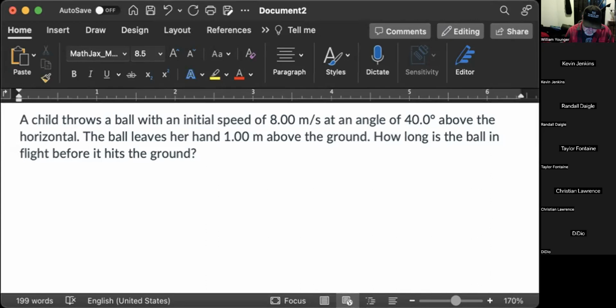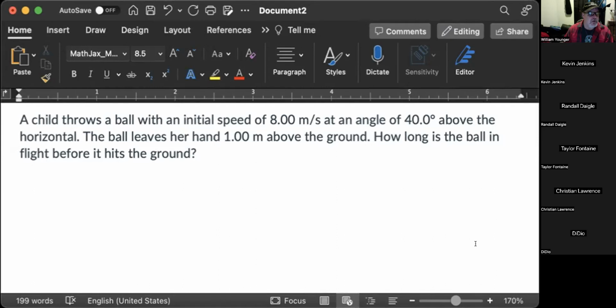even v final. In other words, these are all things that you could actually ask for when solving such a problem. So now that I've gotten the information down that I need, which is pretty much 8 meters per second, angle 40 degrees above the horizontal, and the ball leaves her hand 1 meter above the ground.